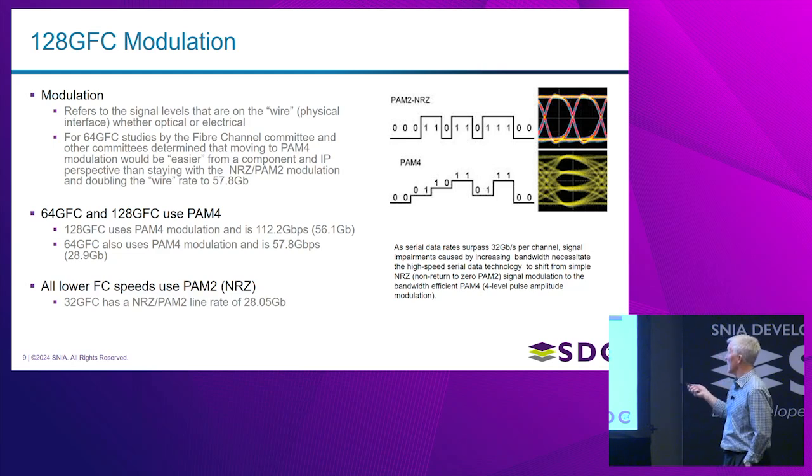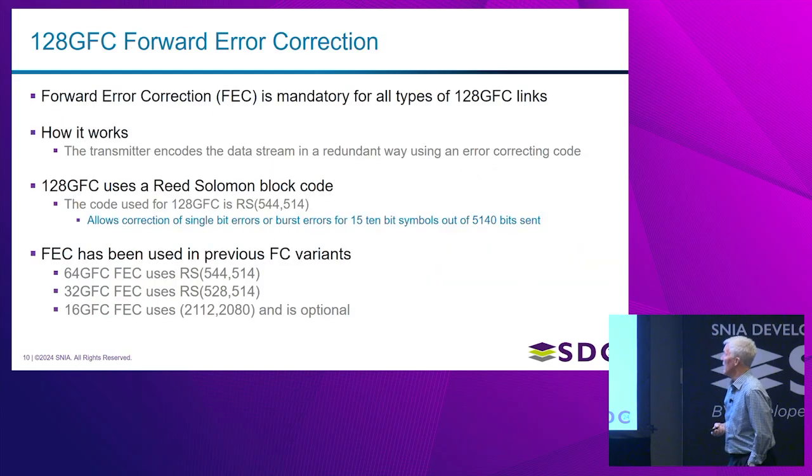I'll call it a key technological innovation that was adopted by not just Fibre Channel, but a large amount of the transmission community. In addition to being able to transmit data very quickly, at the higher speeds it becomes much more difficult to do that reliably. So forward error correcting technology was added into the specification.